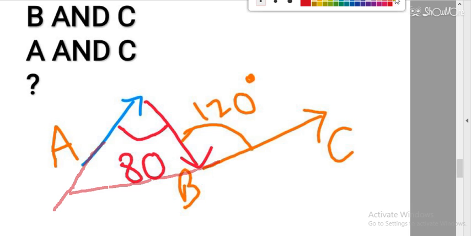This angle will be 180 minus 120, so it will be 60 degrees. This angle was given as 80 degrees. So 80 plus 60 is 140, so this angle will be 40 degrees.